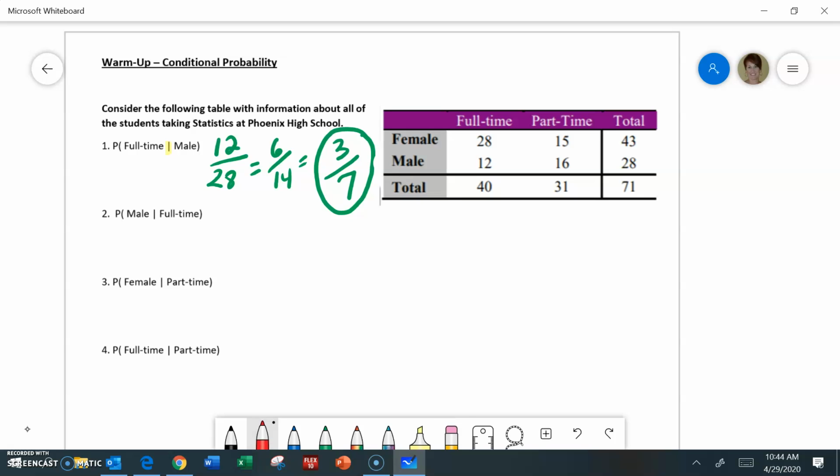For number 2, find the probability that you pick a student that is male given they're full-time. So this time we're only focused on the full-time. So once again, our denominator is going to be 40.